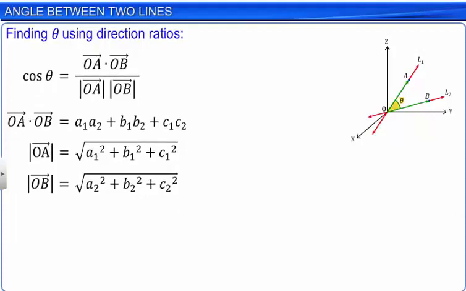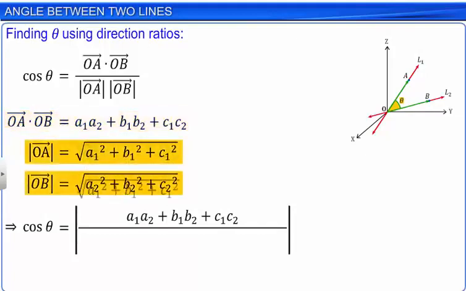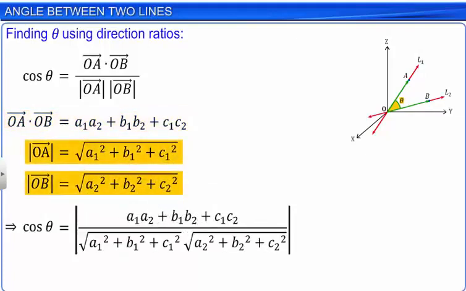Substituting the values of the dot product of vectors OA and OB and their magnitudes in the expression for cos theta, we can find angle theta between lines L1 and L2 in terms of their direction ratios. Let this be equation 1.